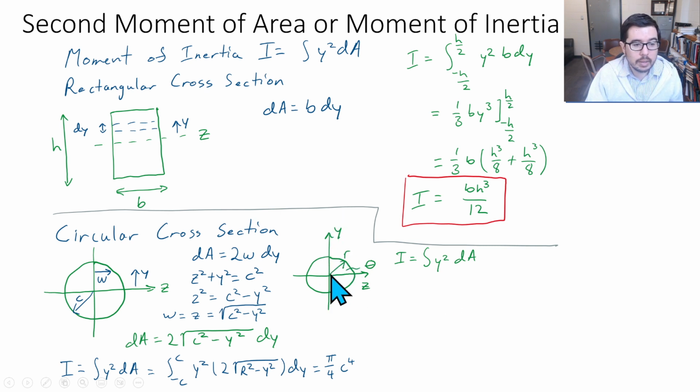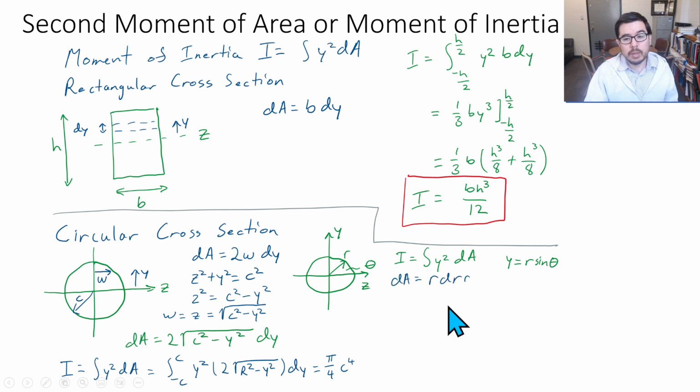Well, y in that direction is going to be r sine theta, like we see here. So now we can plug in r sine theta for y squared, but the dA is a little bit complicated, okay? And dA is going to be equal to r dr d theta.